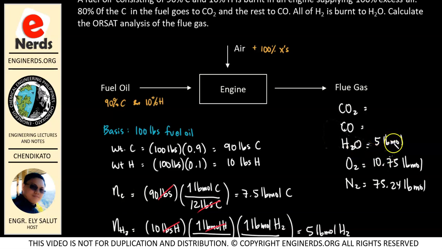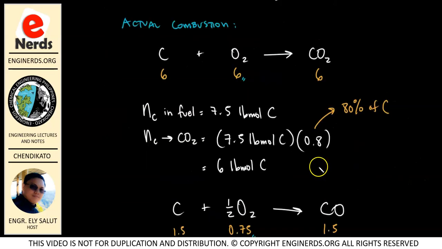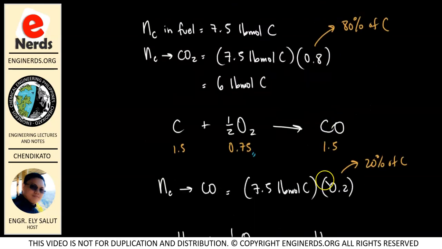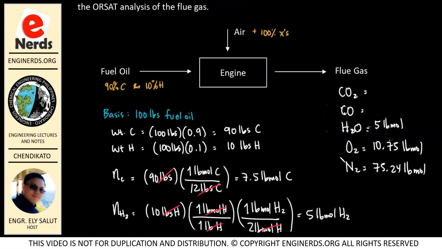And then, yung ating CO2 na na-form and CO, we already got that here, yung actual combustion natin. Yung CO2 natin is 6, and our CO is 1.5, no? So, we have 6 pound mole of CO2 and 1.5 pound mole of CO.